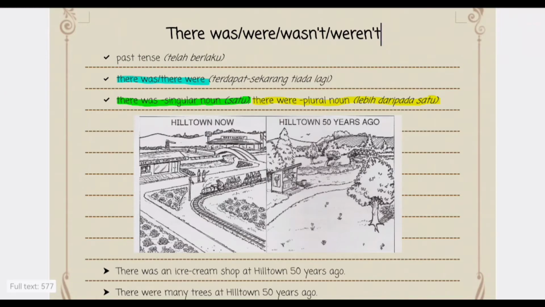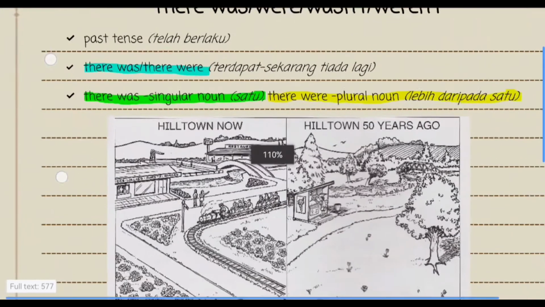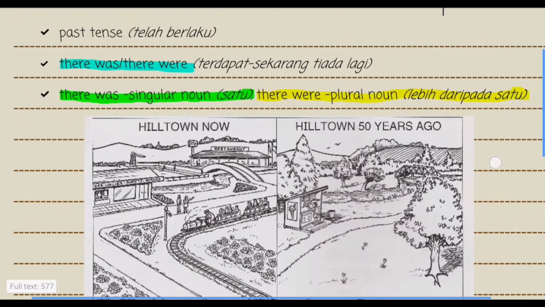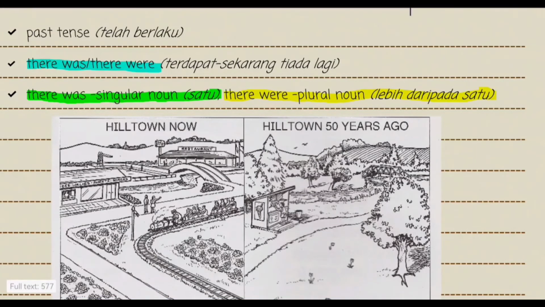Apa perbezaan antara there was dan there were? There was adalah untuk singular noun, which means one only, and there were is to show plural noun, lebih daripada satu. I will explain more on this.